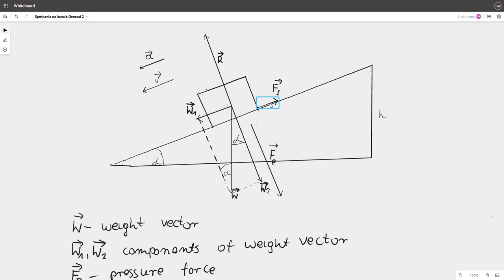Friction force, FF, is always opposite to velocity and parallel to the ramp. It would be much easier to analyze the problem if we replace weight vector by its components W1 and W2.